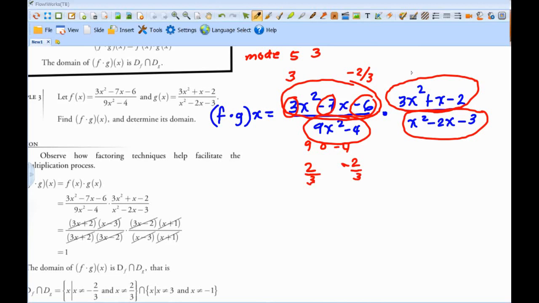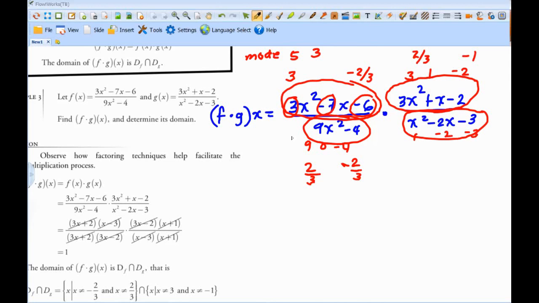Here again, enter 3, 1, and negative 2. Equals 2/3 and negative 1. And here, 1, negative 2, negative 3.